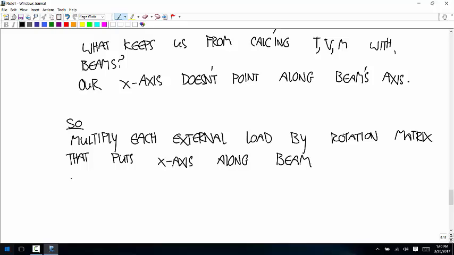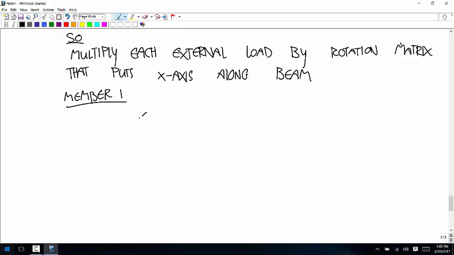In the example above, for member 1, there's the member. Our original coordinate system is like this. The coordinate system we want, well, there are always 2 possibilities, but I usually use the one that does the smallest rotation.